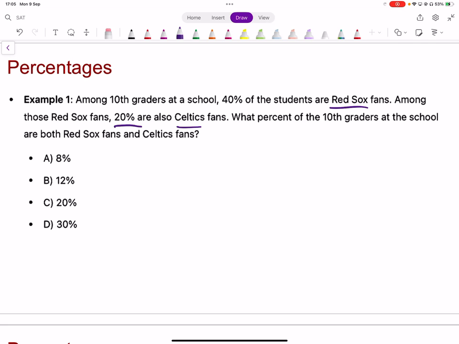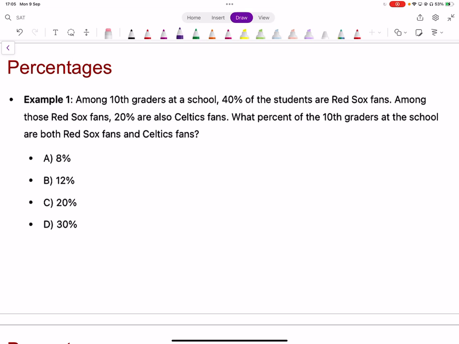How do you figure this out? How do you think about this? Do we know the total number of students? We don't know them, right?